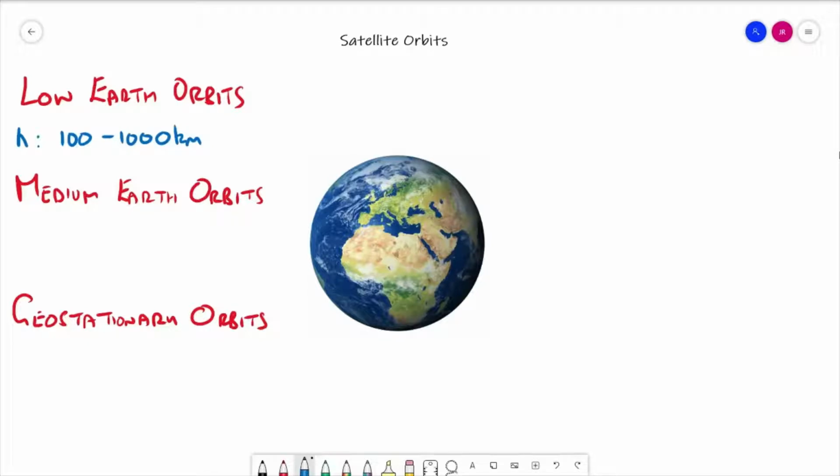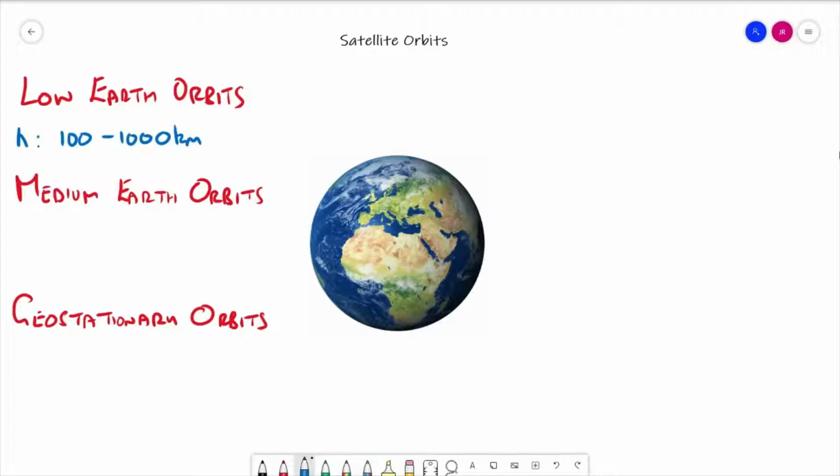While that may seem quite low, take it into context that the maximum cruising altitude of a commercial aeroplane is around 42,000 feet, which is only around 12 or 13 kilometres of altitude. So 100 kilometres is way above anything commercial. There are some weather balloons that might go higher, but again, nowhere near some of these low Earth orbits.